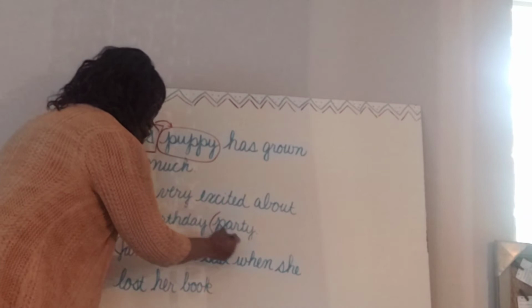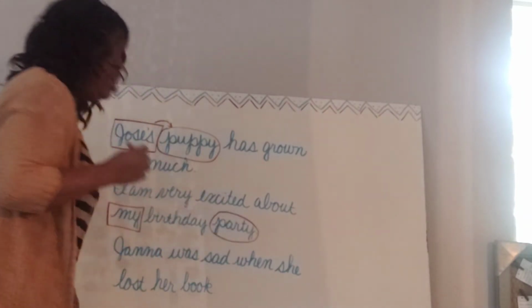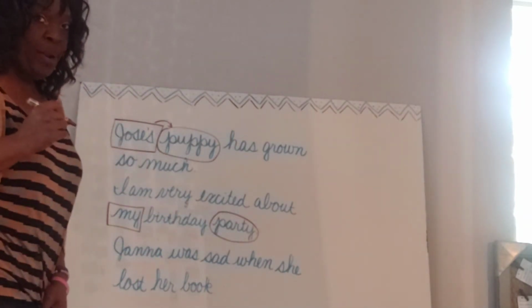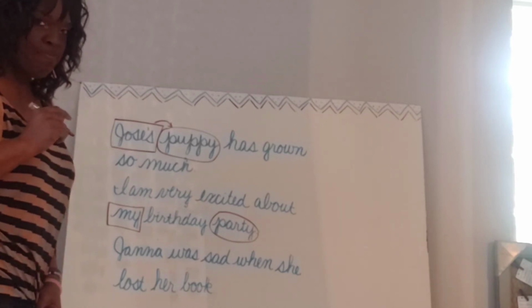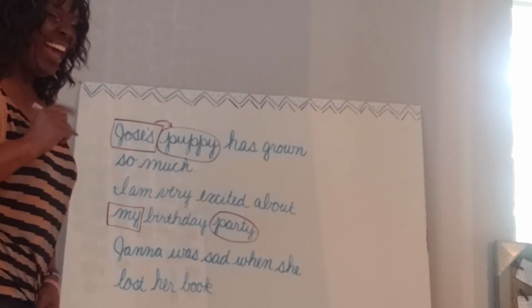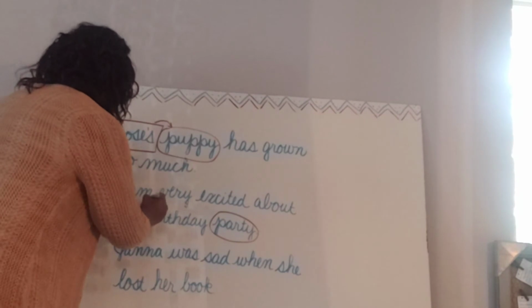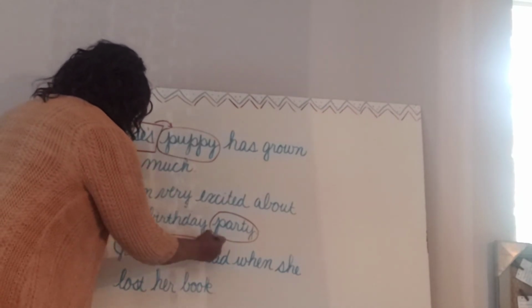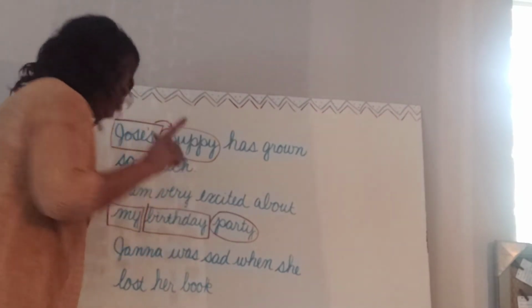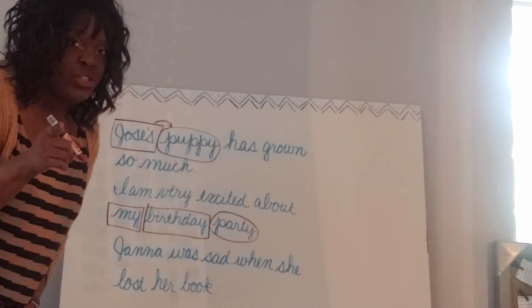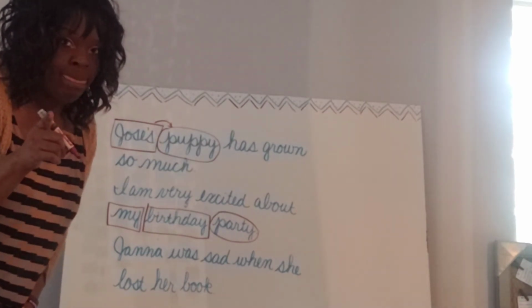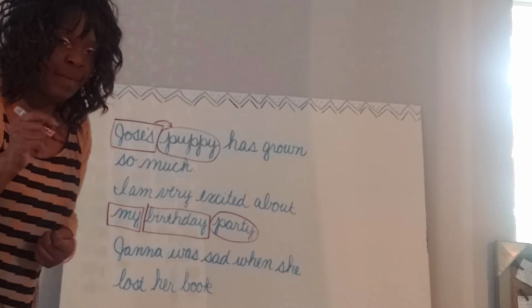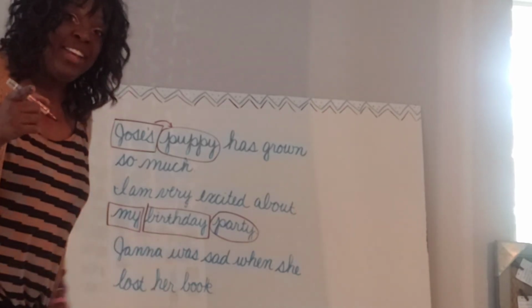So party, we know, is our noun. Is there anything else that's describing party? Asking one of our other questions. Yes. Birthday is actually an adjective here as well, because what question? I want you to tell me. What question is it answering? Which one, what kind, how many, whose? What kind of party?